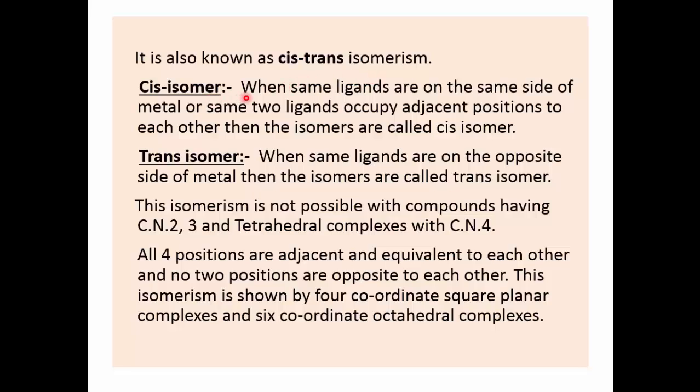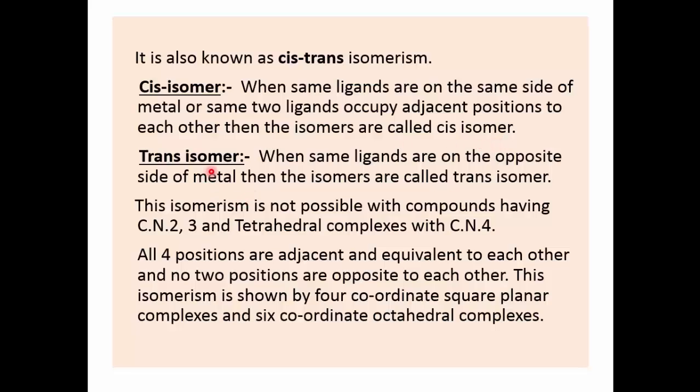What is cis isomer? When same type of ligands are on the same side of the metal, or same two ligands occupy adjacent position to each other, then the isomers are called as cis isomer. So same ligands are present on same side of metal atom or ion.